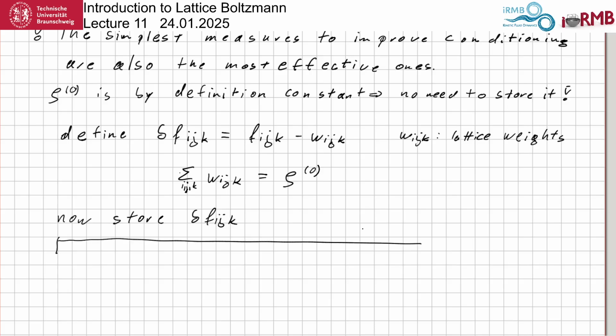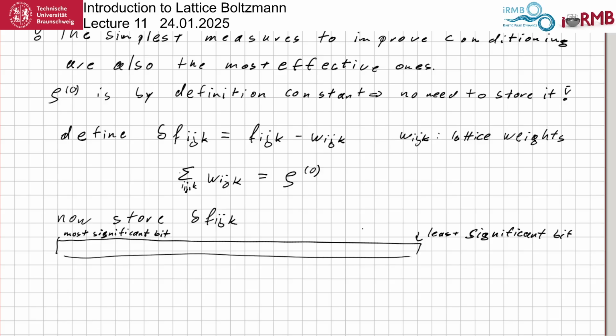And if we stay in this picture with here the most significant bit and here the least, we are no longer in the fraction, of course. So we are no longer storing rho 0. This means what we store in the most significant bit is epsilon u1.